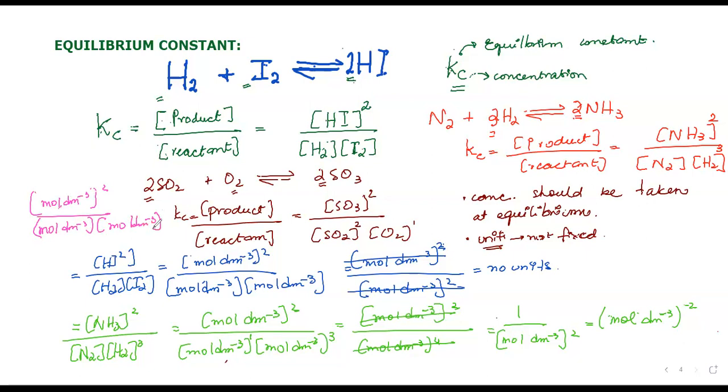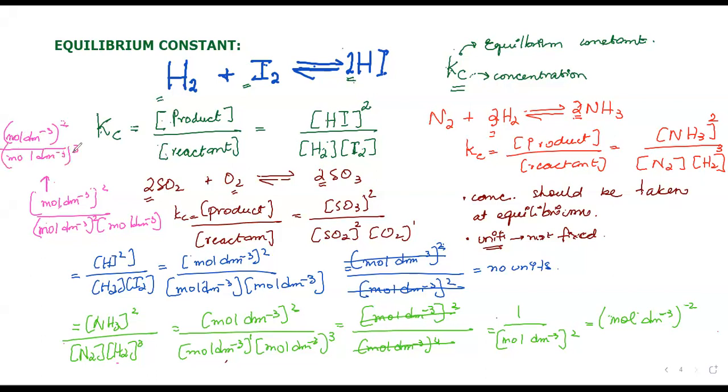So in this case, what is this going to end up becoming? This is going to end up becoming mol dm^-3 squared divided by mol dm^-3 cubed.